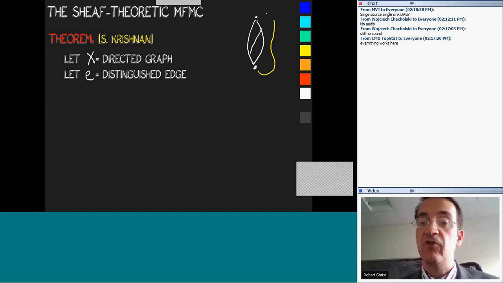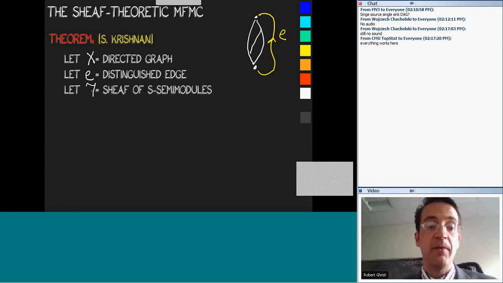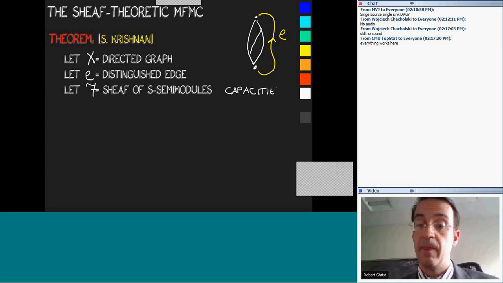The distinguished edge E is the thing that goes from the target back to the source. Given that, if we have a capacity sheaf of semi-modules, this encoding our constraints, our capacities, then the theorem is the following.